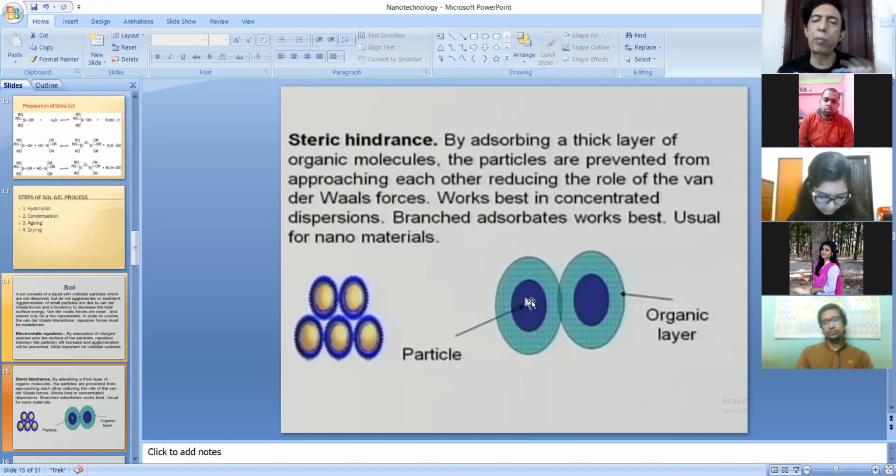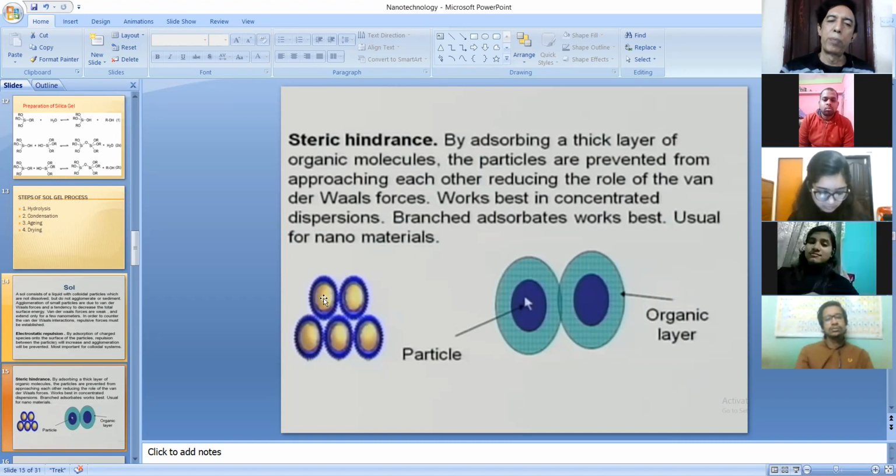They absorb a thick layer of organic molecules. And because this is an inert layer and this is also an inert layer, van der Waals force cannot attract these salt particles, and they become separated.